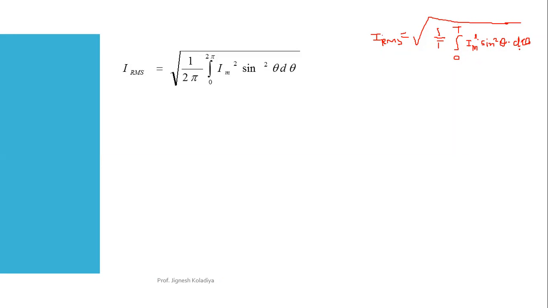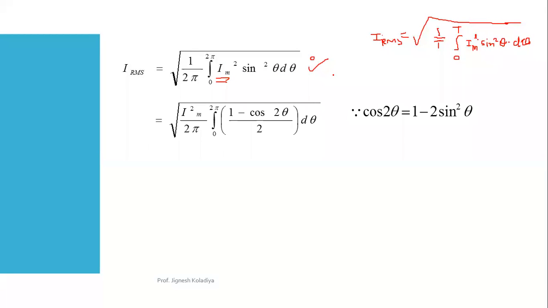Now T is the time period, which is from 0 to 2 pi. So I can write 1 upon 2 pi integration 0 to 2 pi into Im square sine square theta d theta. Maximum value Im is constant, so you can take it out of the integration. Im square upon 2 pi.